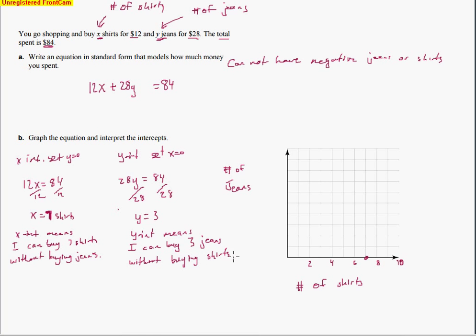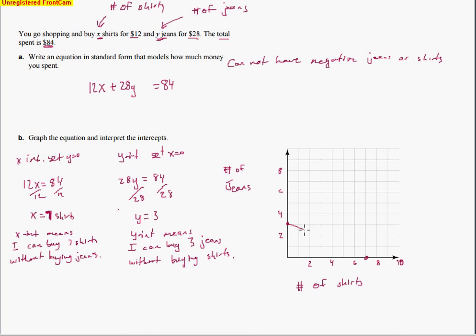So I can buy 3 pairs of jeans if I don't buy any shirts at all. And so I'll go ahead and put in some intervals here so the reader can find out what my number represents. Put that y-intercept on there, and let's see, jeans Y, X is shirts, and then go ahead and draw the line between those points.